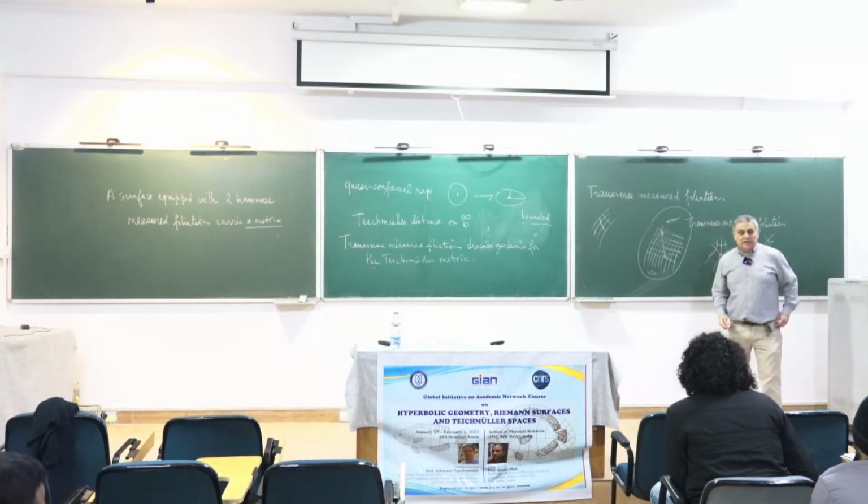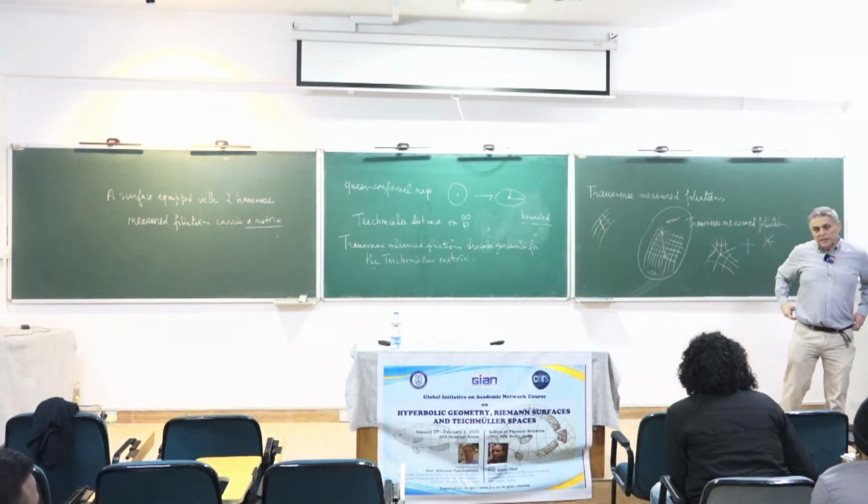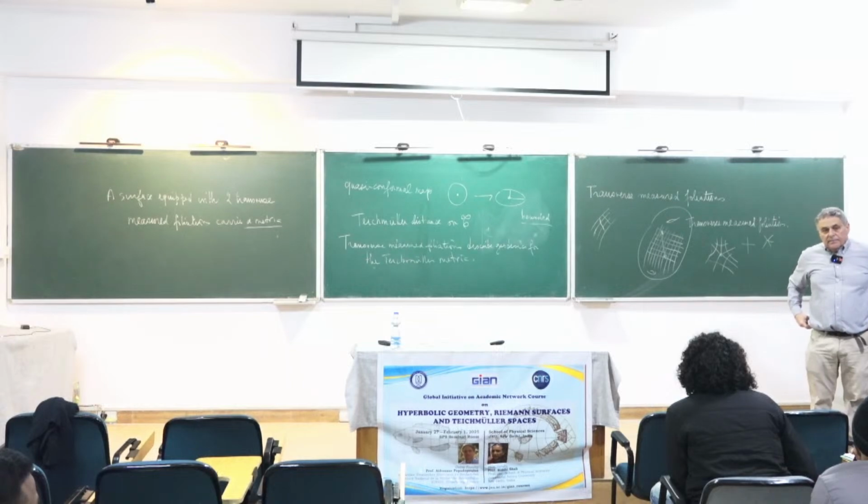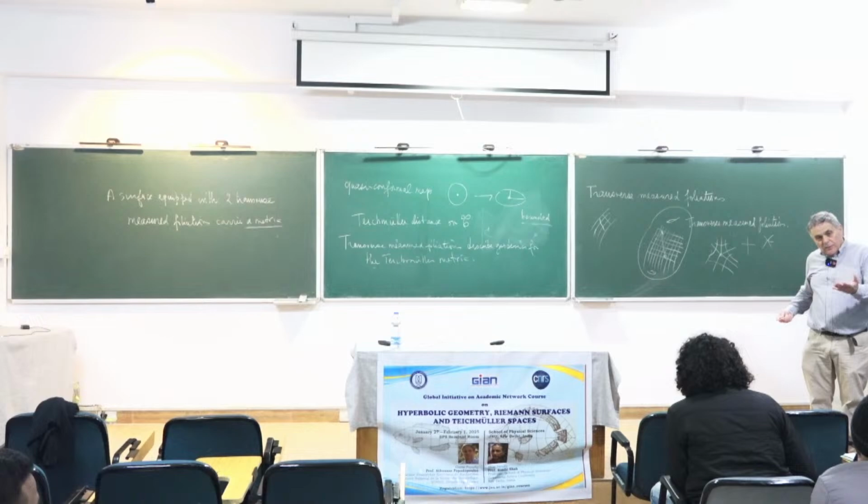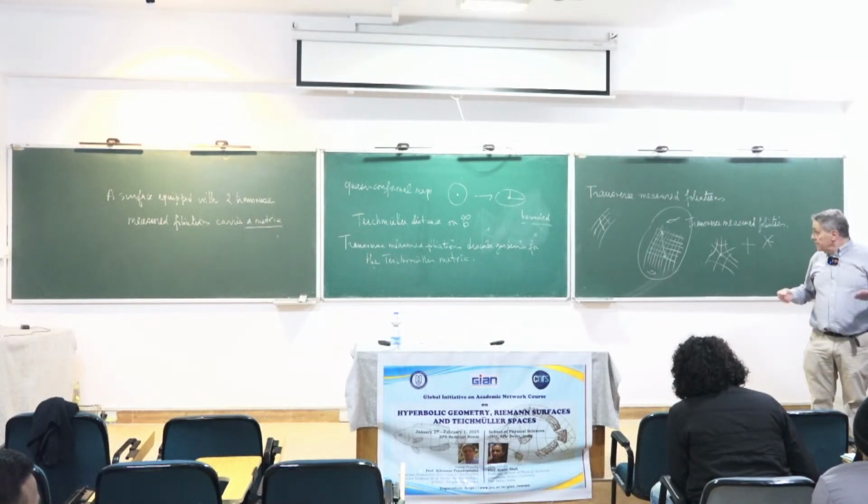I just follow this straight line, like in the Euclidean plane. But what is the straight line? A pair of transverse measured foliations define a metric on the surface, and I'm asking, what is this metric?